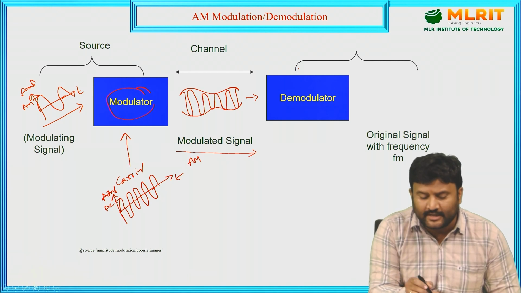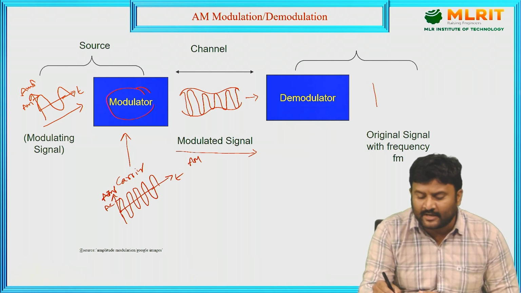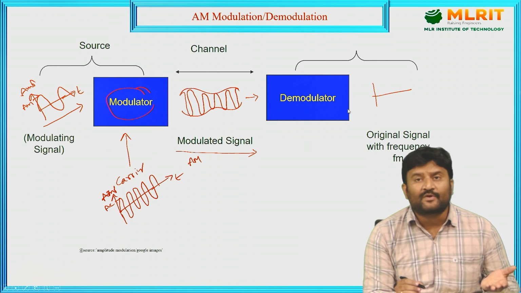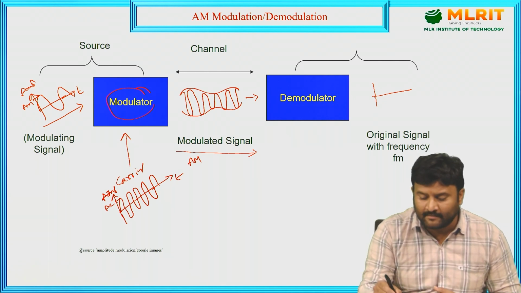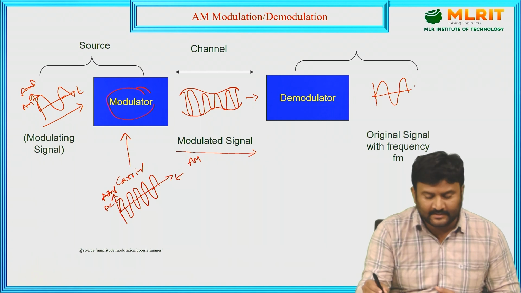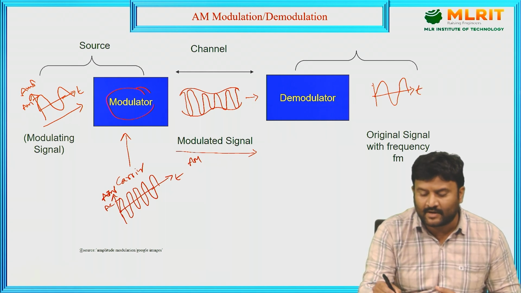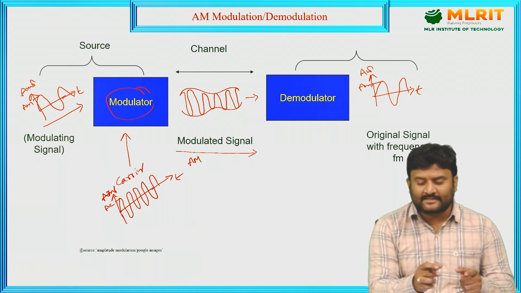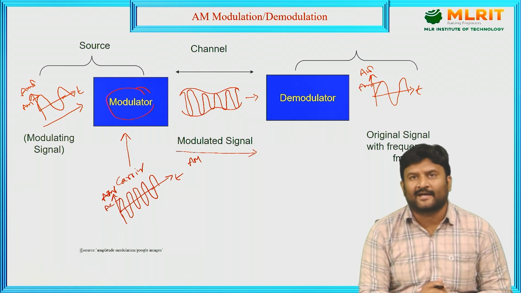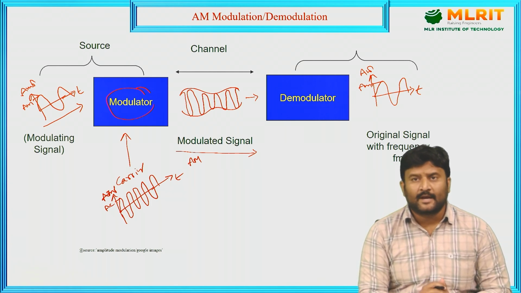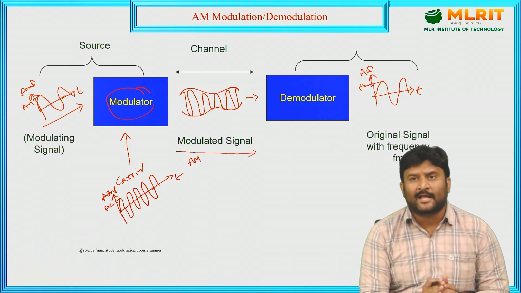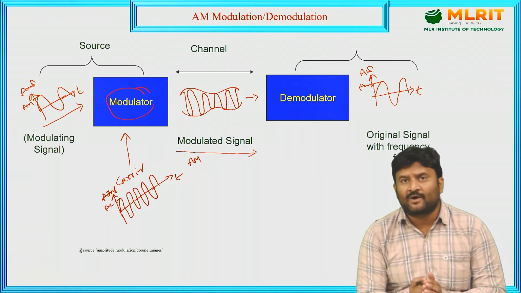Then the output of the demodulator should be the information you transmitted from the modulator, the low frequency signal, nothing but the message signal applied at the input side. This entire process is called AM modulation and demodulation. That means what happens in modulation, and what happens in demodulation.